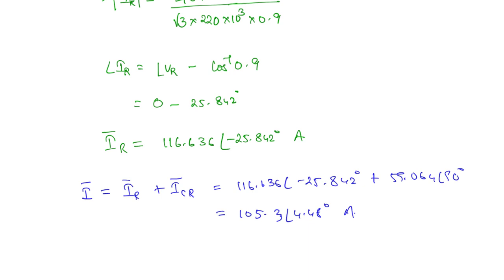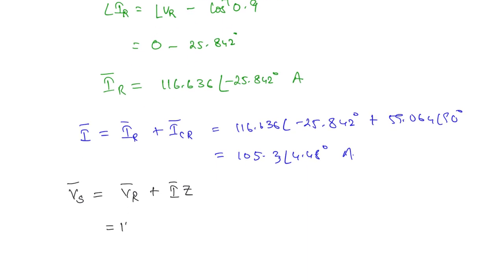Now finally you can write the sending end voltage Vs bar is equal to VR bar plus I bar into Z. So this is going to be 127.02 into 10 cube. We have to find for per phase, right? After you get the per phase, then you can get the line voltage.